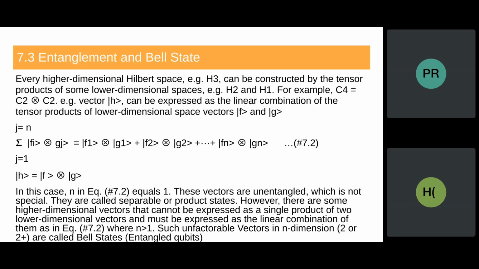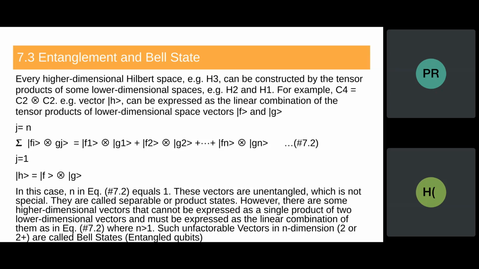Now let's go to entanglement and Bell state. This is the last portion of our discussion here. So what is a Bell state? Take a high-dimensional Hilbert space, for example H, with H1 and H2; nominally I am just taking H1 for a 2 qubit.